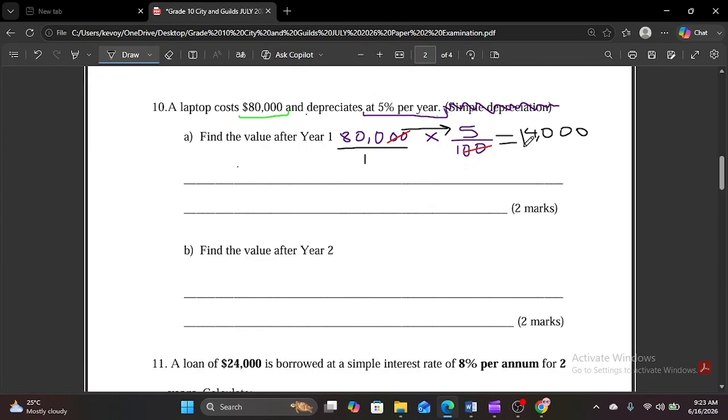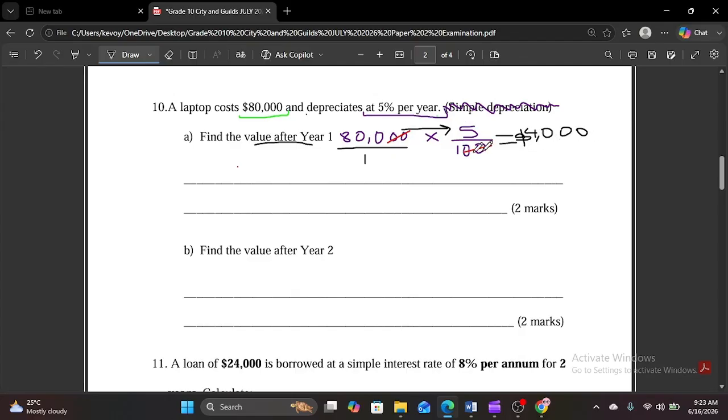This is not the final amount. This is what you're gonna use to subtract. This is the depreciation amount. So you're gonna subtract that from the $80,000 to determine the value after 1 year, because you can't expect a laptop to cost $80,000 and then by the end of the year it costs $4,000. That doesn't make any sense.